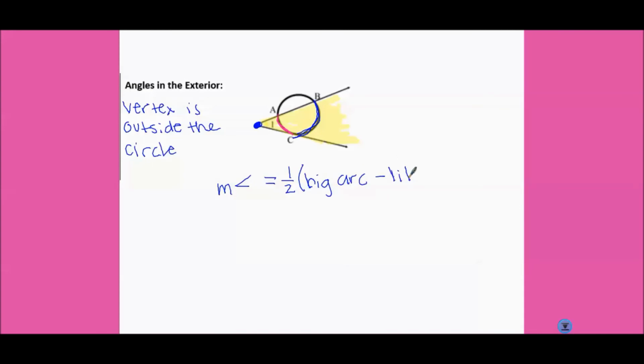And we're going to subtract the little from the big because we don't want a negative number. So in the case of angle 1, the measure of angle 1 would equal half the measure of arc BC, because that's the bigger one, minus the measure of arc AC.